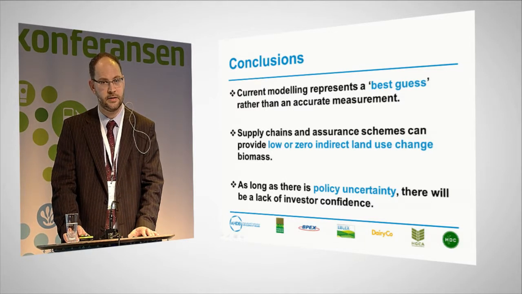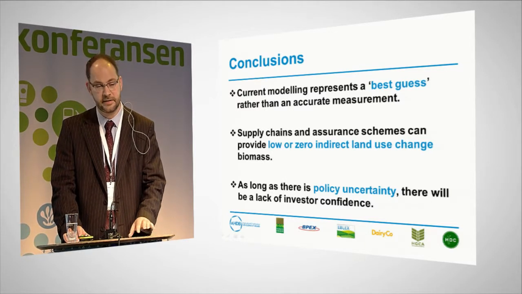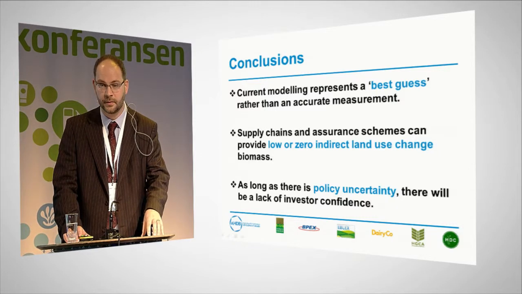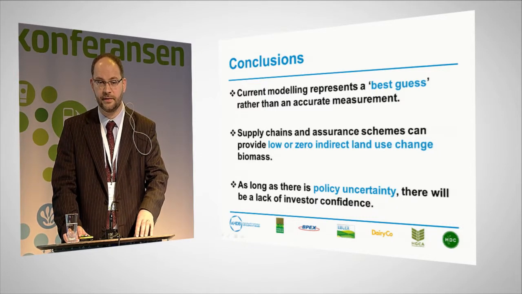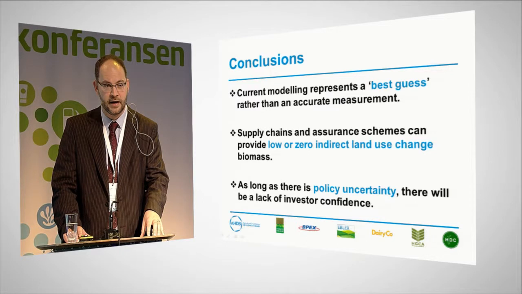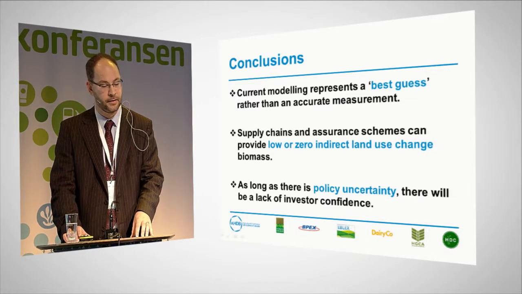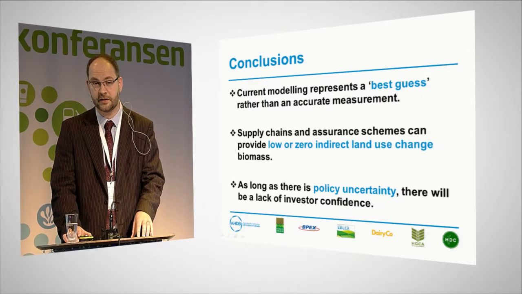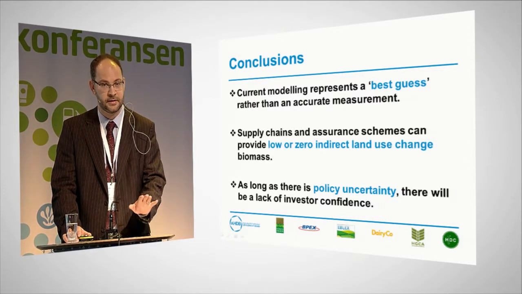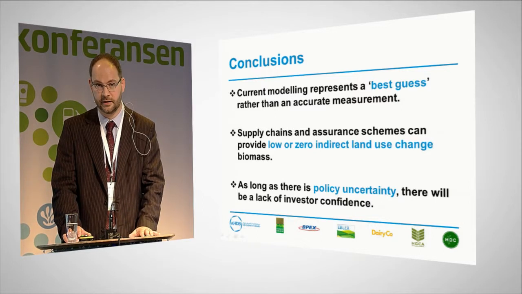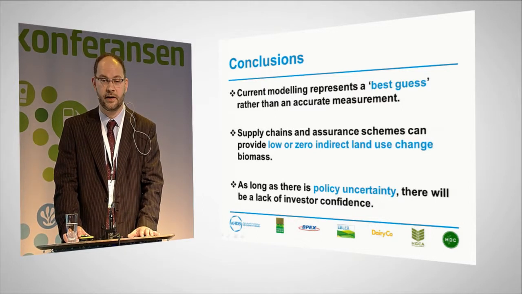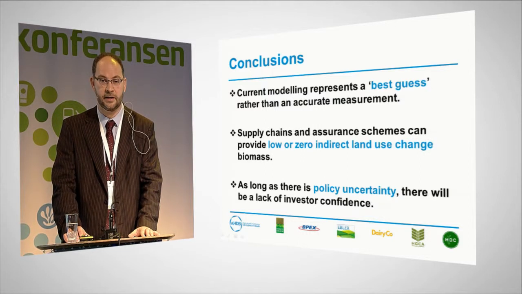I would say that instead of using that modelling to further policy and develop ILUC factors, you use it to allow people to deliver, through supply chains and assurance schemes, low or zero indirect land use change biomass, and mitigate for that indirect land use change. This is already happening, it is already possible, and it can go an awful lot further.